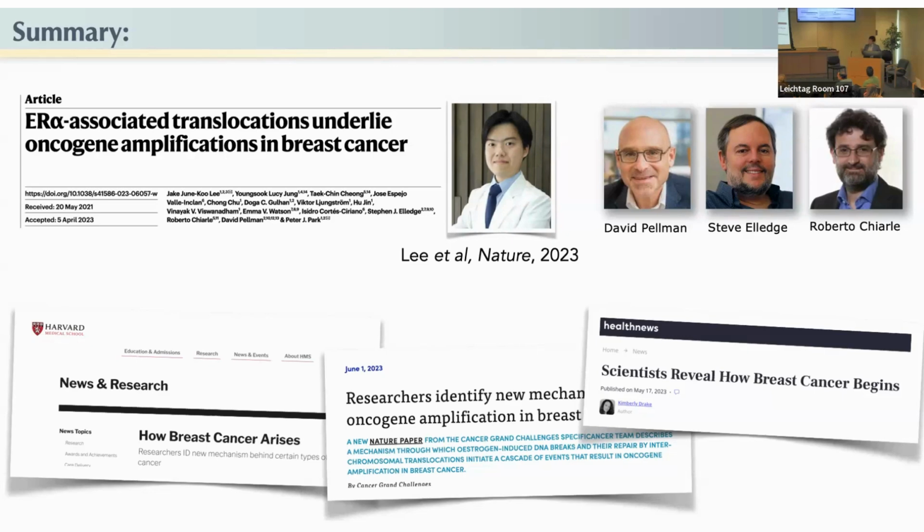Well, I suppose that could be related to how much amplification you see, what fraction of cells have that. But the initial steps are what we're trying to describe here. Okay, you can still ask questions about this topic at the end.